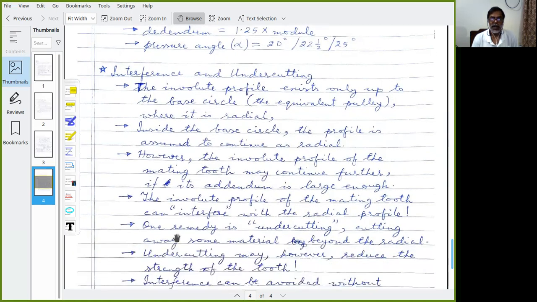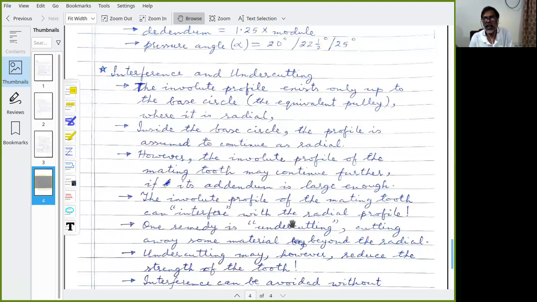So one remedy is to cut the radial portion a little deeper, so that the extra depth of the other one entering into this has enough clearance, rather than hitting the radial profile. So that is called undercutting.